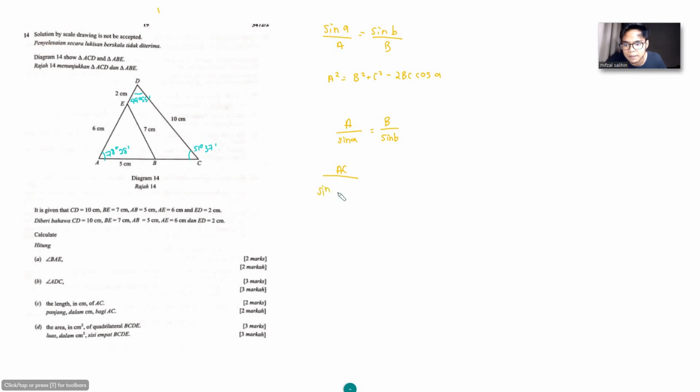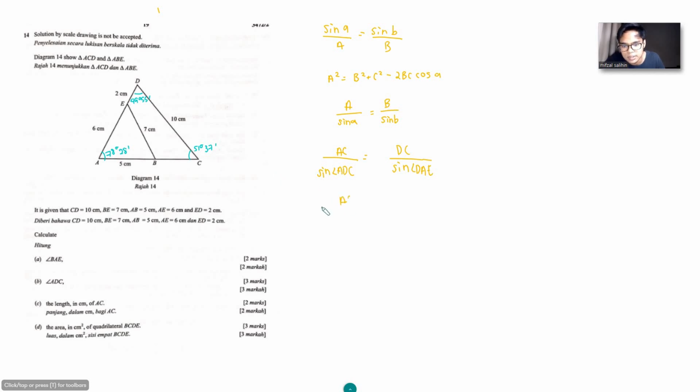over sine angle of ADC is equivalent to, you can choose any sides that you want. So I'm going to choose the side DC over sine DAE. So AC over here is the one that we need to find.